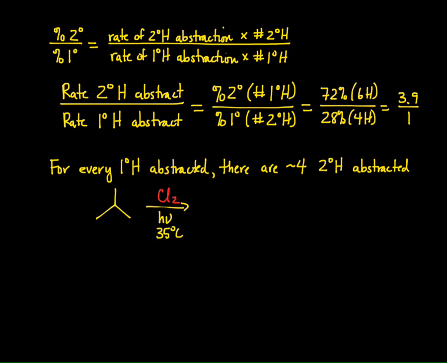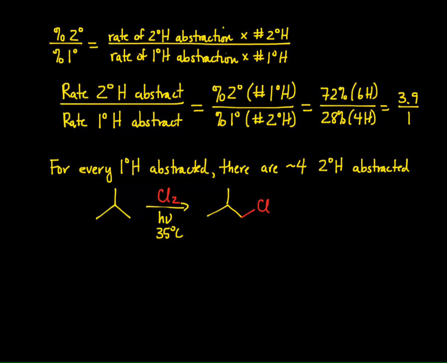Now I can do the same thing for 2-methylpropane. So 2-methylpropane has primary carbons and it also has a tertiary carbon. And if I react 2-methylpropane with chlorine, again, same conditions, adding light at 35 degrees Celsius, I get 2 possible products.